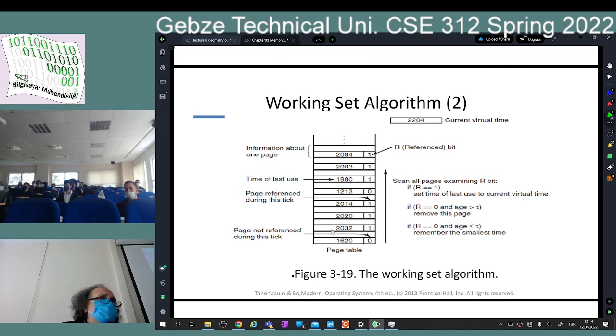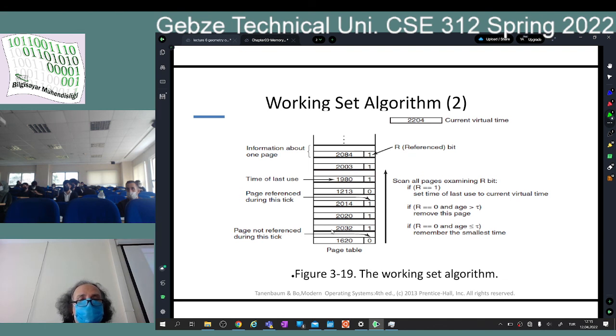So I keep this information: when was the last time this page was referenced? Very similar to LRU, least recently used, with the hardware help, but this is not in terms of memory references. This is in terms of references of that page between the clock interrupts.